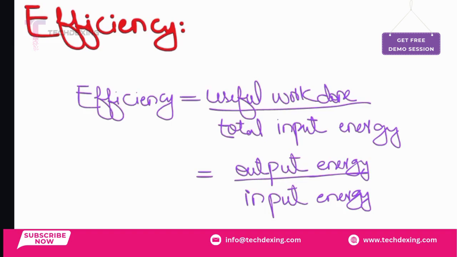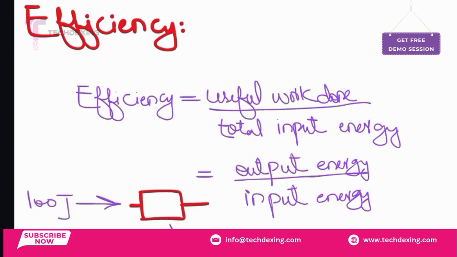So in efficiency, we have the ratio of two quantities of the same type, which are energies. Furkan, as we have a ratio of output energy to input energy, what would be the unit of efficiency?